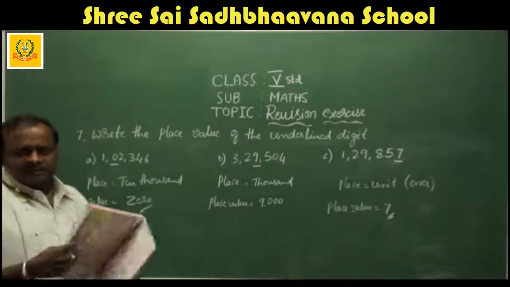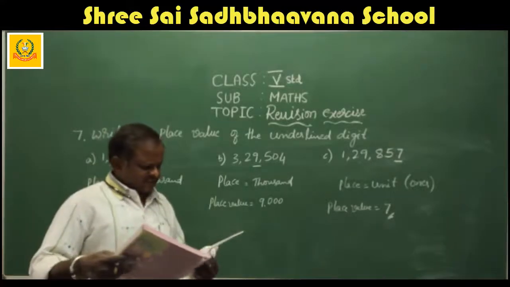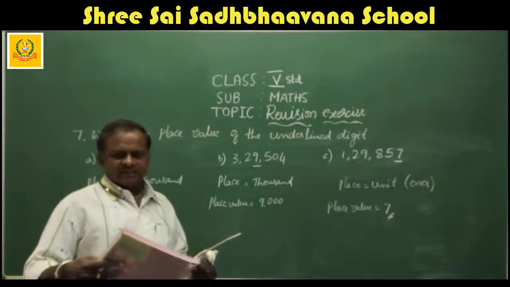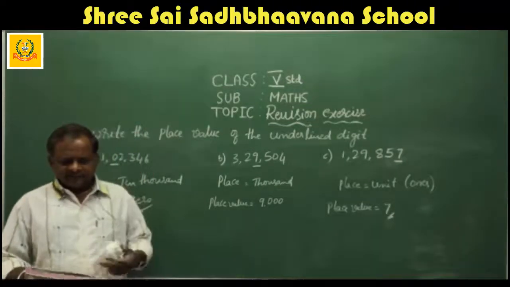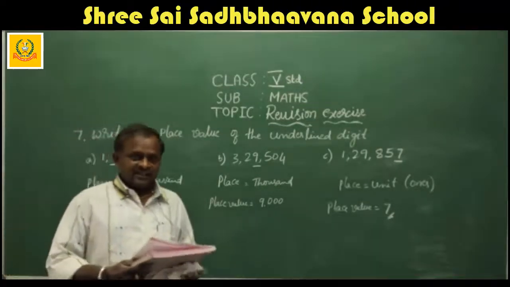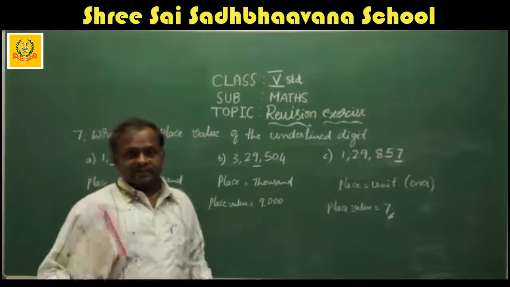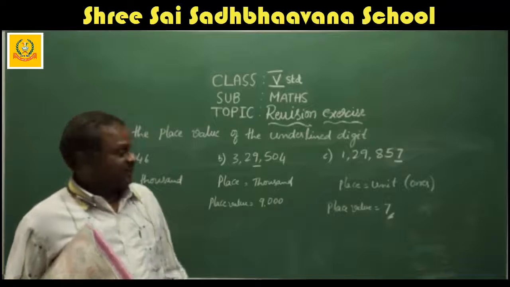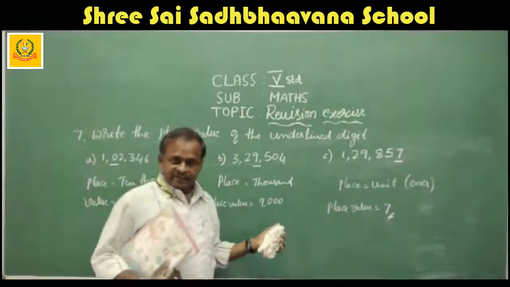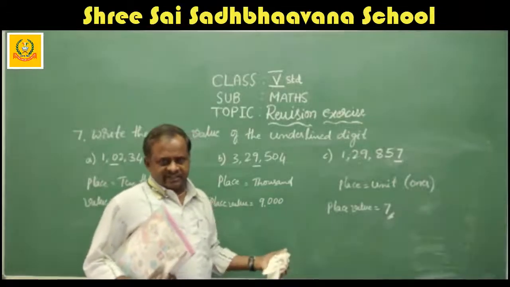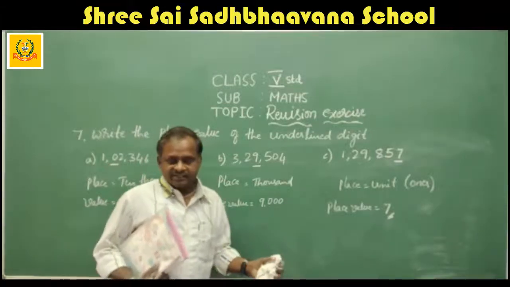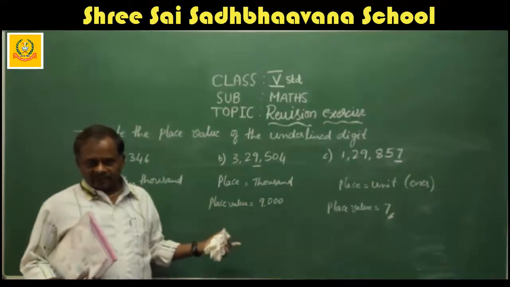Now in the next classes, we will go for the others. I think you are learning the tables also. Just go through the tables very well. Up to 21 you have to learn very well. It is very, very important for the 5th standard. If you don't know the tables, it is very difficult to do the problems.